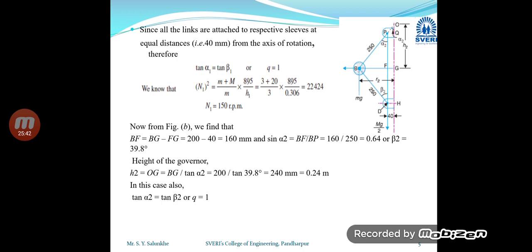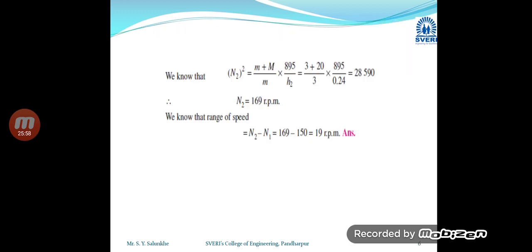And in this case also, tan alpha 2 is equal to tan beta 2. Hence Q, which originally is there in the formula of the Porter governor, will become 1. So we are going to calculate the N2 value. N2 square is equal to (small m plus capital M) divided by small m, multiplied by 895 divided by H2.